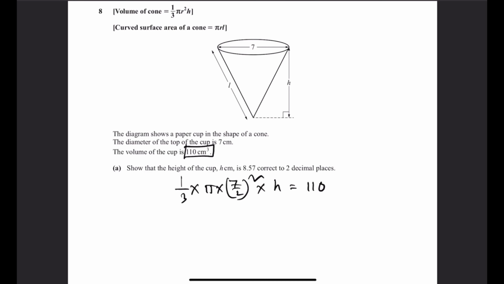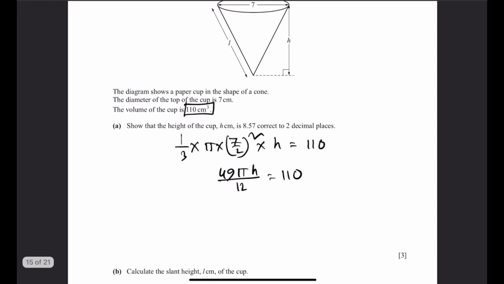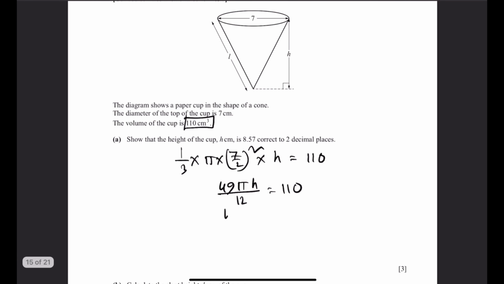Now we can write 49 pi h by 12 equals to 110. Now we can simplify this. 49 pi h equals to 110 into 12. So h equals to 110 into 12 divided by 49 pi.